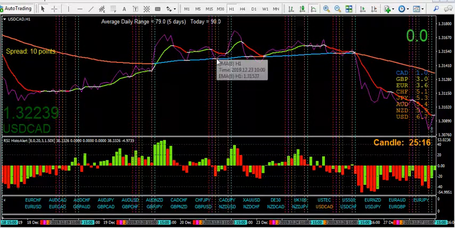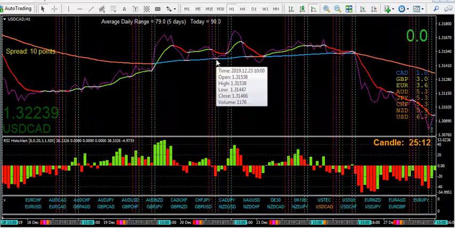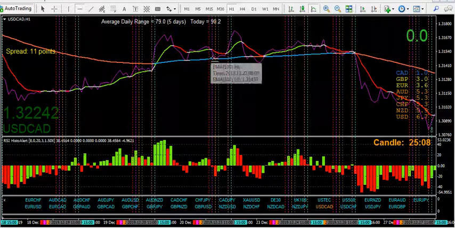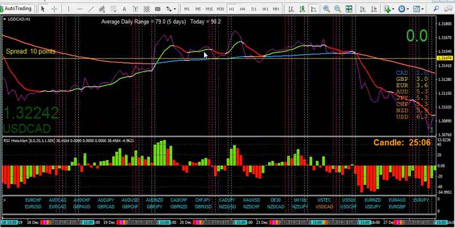So that's the highest high, so that means that is the most recent level of support there. So let's put a horizontal line on that. So that is the level of support we need to trend through in order to continue down.